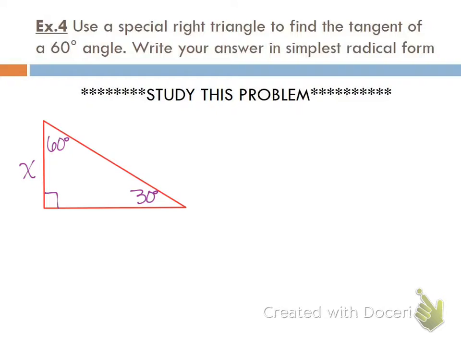Okay, so if I wanted to label, for example, the hypotenuse, which we don't really need, but if I wanted to label it, what would it be labeled? If I'm basing it off of the 30-degree angle, how does the hypotenuse relate to my short side?